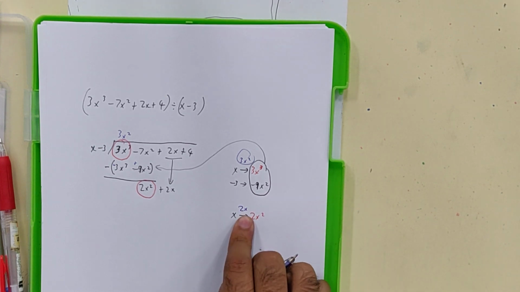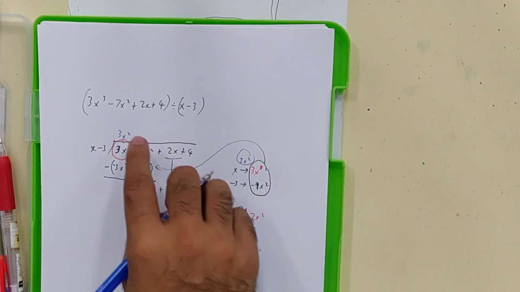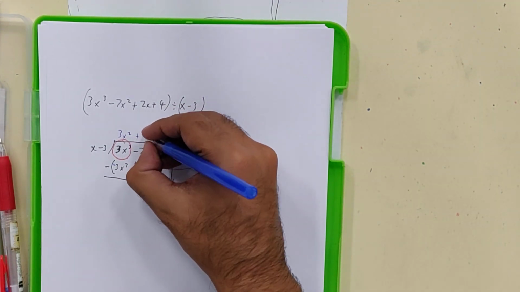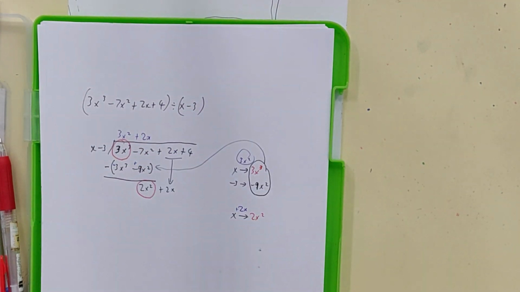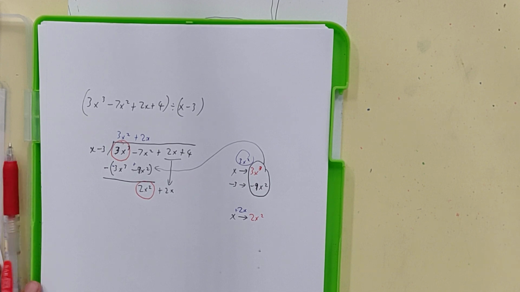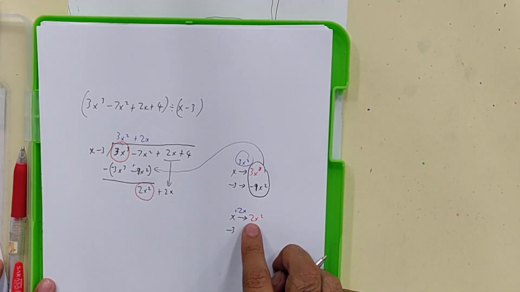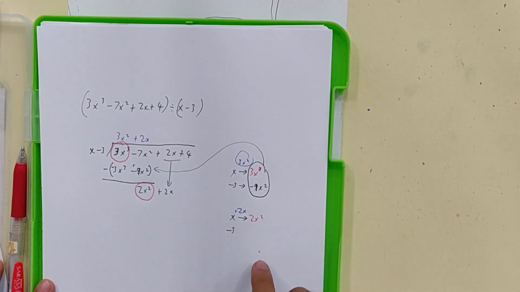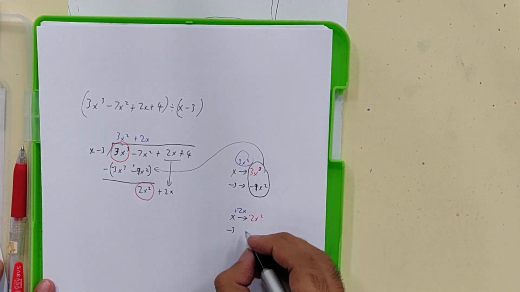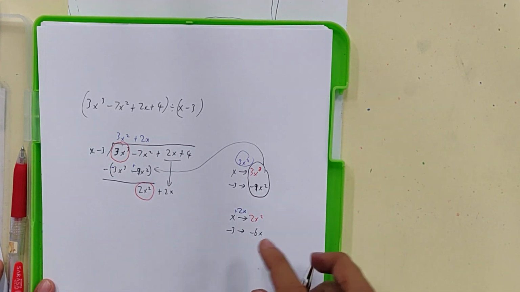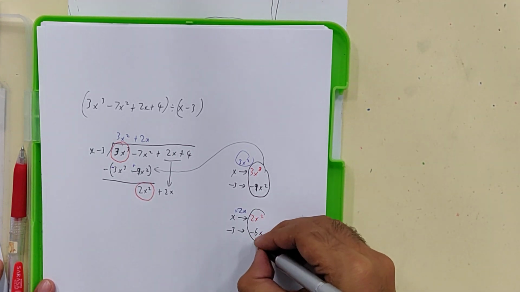And what do you do with this 2x? You put it up here. In this case, positive 2x. Plus 2x. Are you okay? You want me to teach that again? If you want me to tell it again, please raise your hand. So minus 3 times 2x. Negative 6x. And what do you do with this?